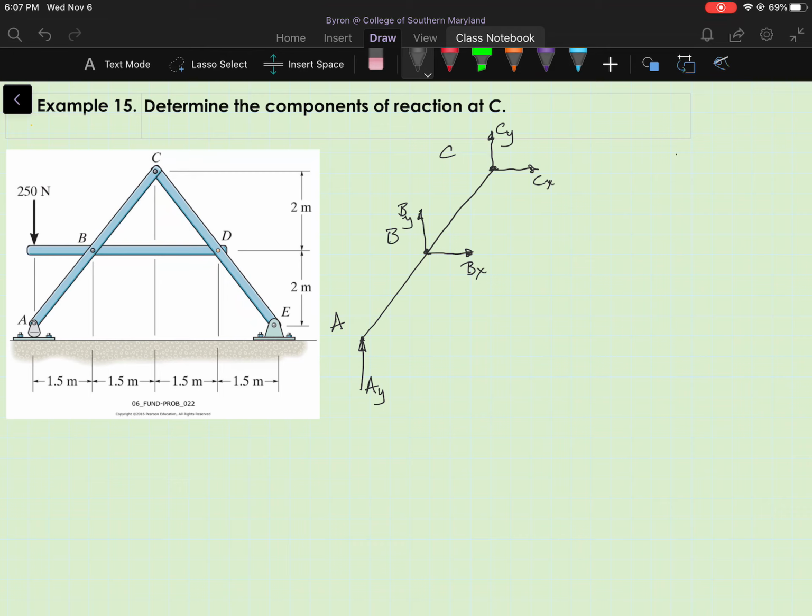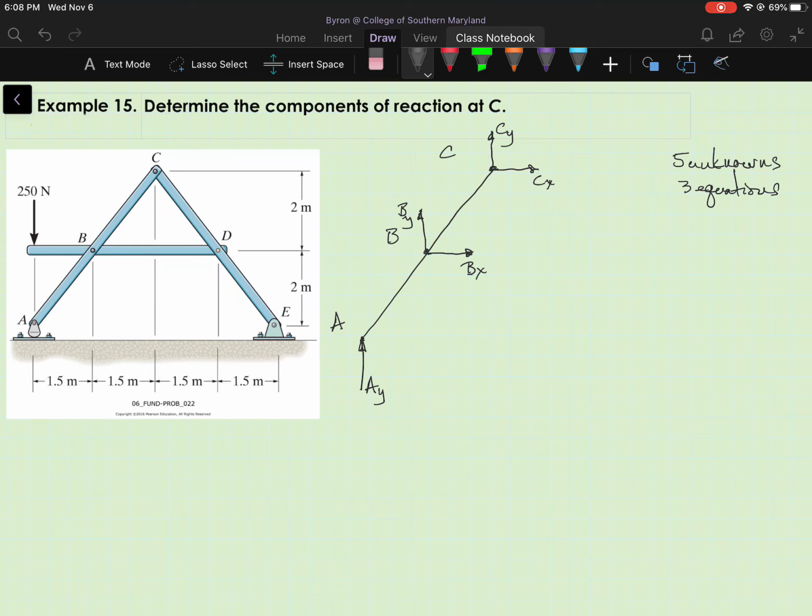Right now I have 5 unknowns, 3 equations. With only 3 equations, I'm not going to get there. So we need to get the number of unknowns down, or get the number of equations up, until we have no more unknowns than we have equations available to us.